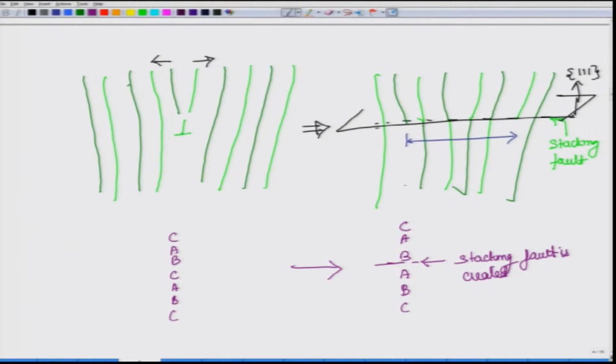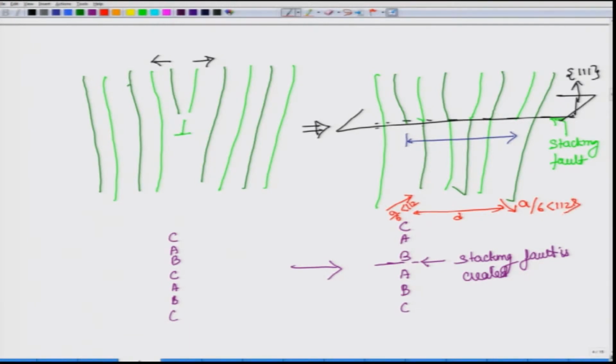And in other words, what you have is a partial dislocation like this, which is of the type a/6 <112>, and there is this width d, and then again another partial dislocation a/6 <112>.